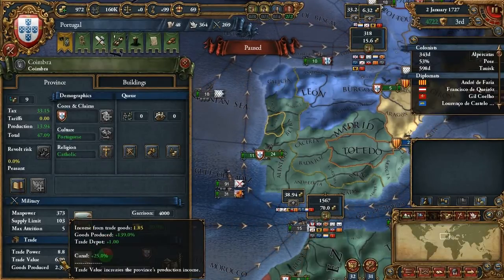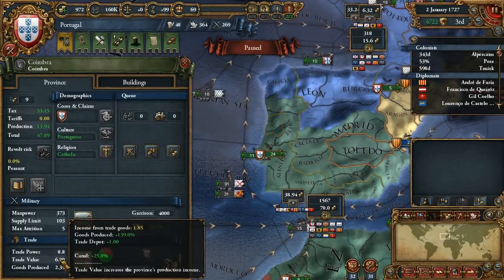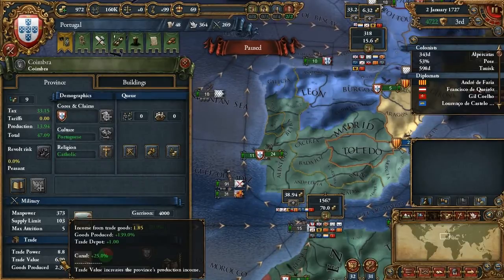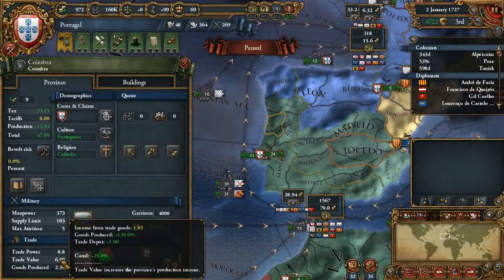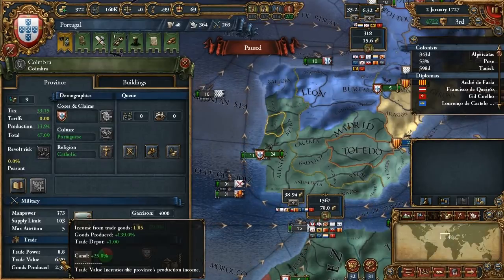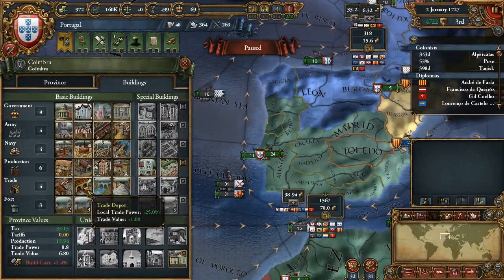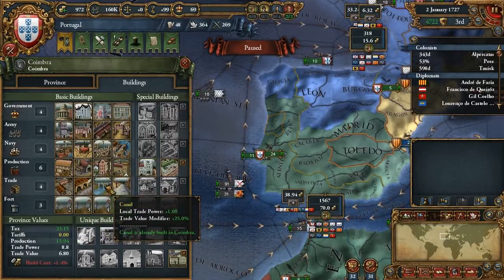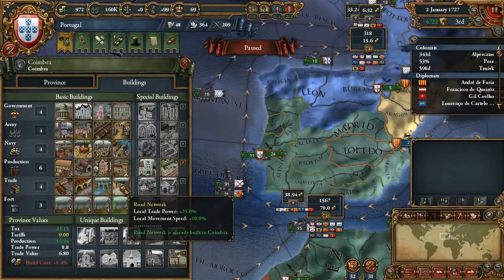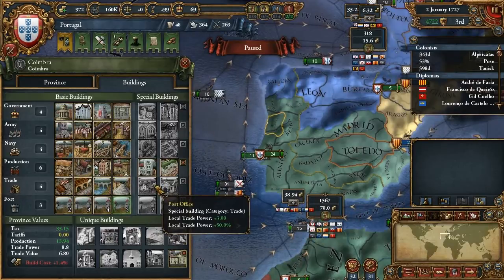So as you can see, it's goods multiplied by goods produced, and then buildings: a trade depot adds more value to the trade, and the canal also adds another 25% multiplier. A lot of these buildings have trade value, like this has one trade value, this has a 25% modifier, and the others don't have it.